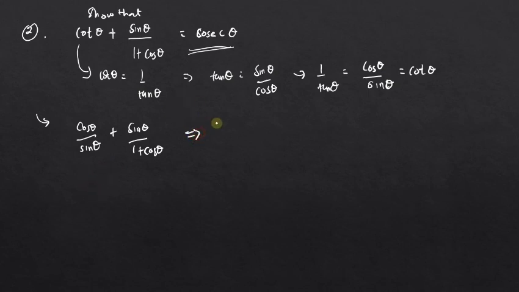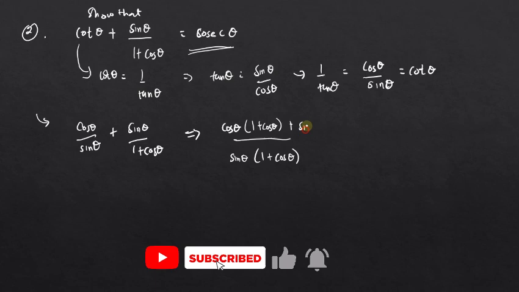So we can find the LCM, which will be sin theta into 1 plus cos theta. When you find the LCM and solve, you get cos theta into bracket 1 plus cos theta, then plus sine squared theta, all over the LCM.